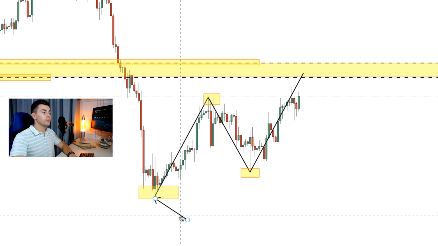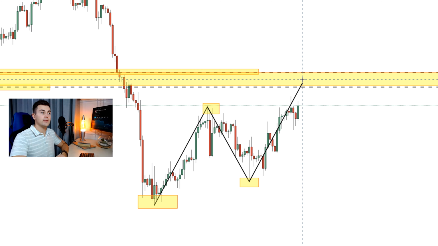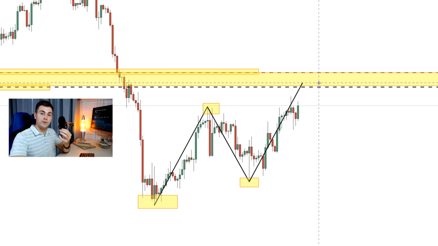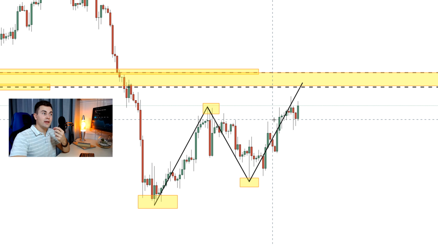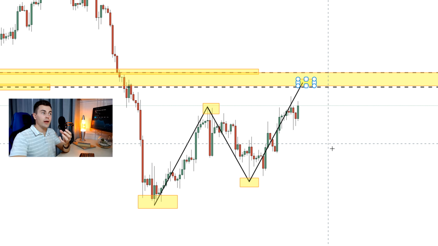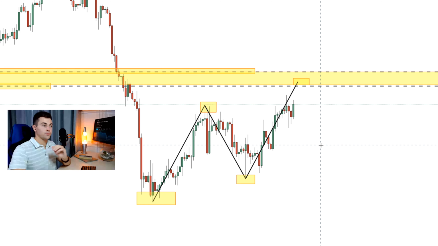What is more important for us here is that the projection of our harmonic movement is lying perfectly within the supply zone that we identified on the daily. So our prediction on the daily was that once the market reaches that zone, it may respect it and drop from there. And here we have the projection of our harmonic movement lying within the same zone, right?